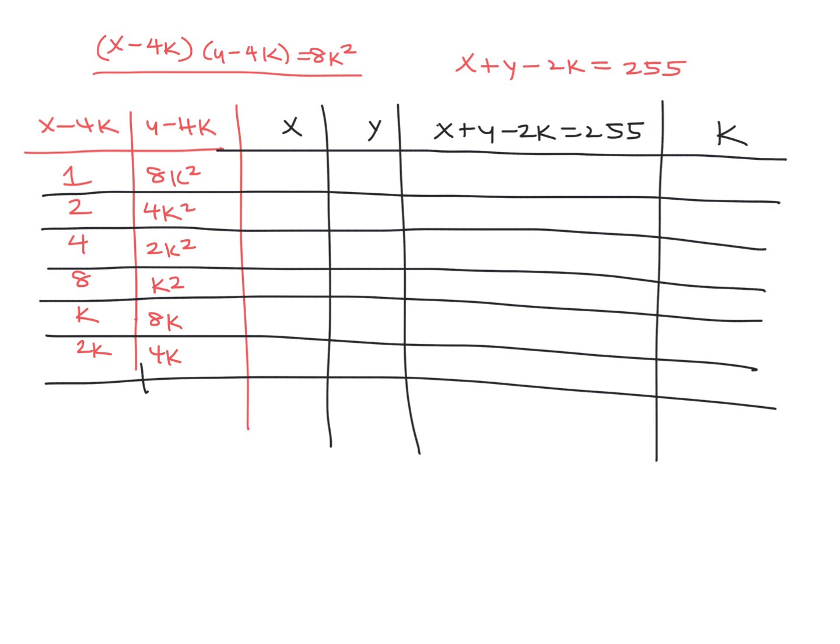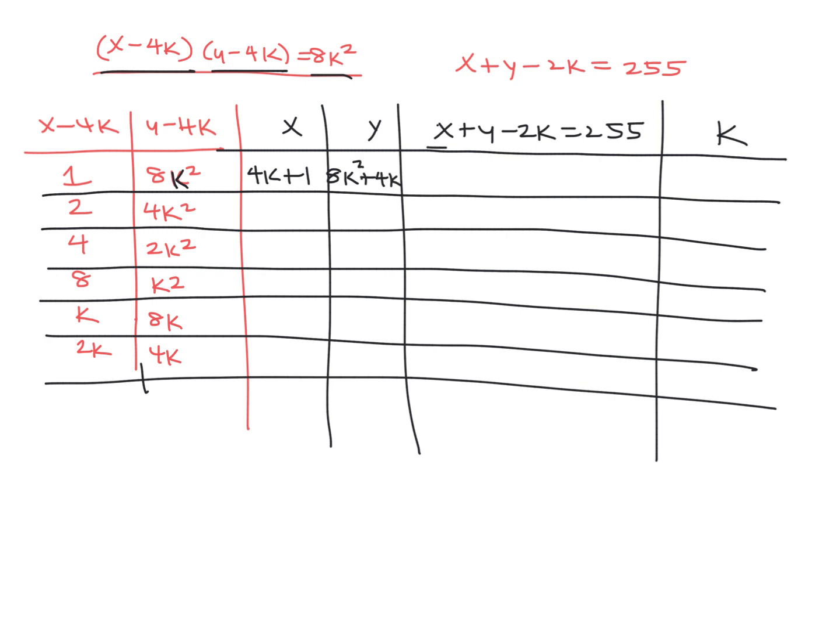So first one, this times this is equal to 8k squared. So one possibility was 1 and 8k squared, I should say. So that means that x is equal to 4k plus 1, and y is equal to 8k squared plus 4k.